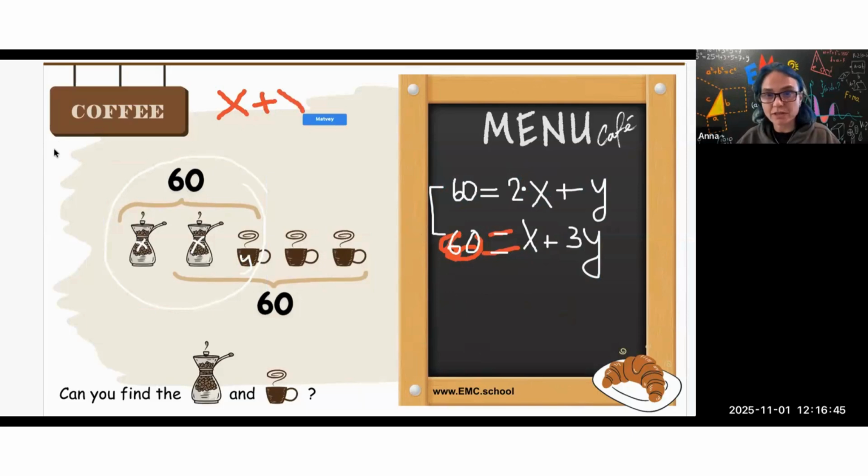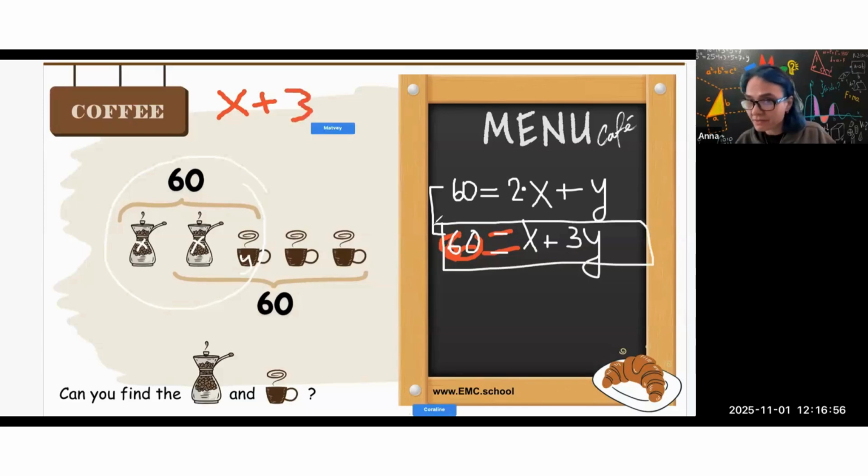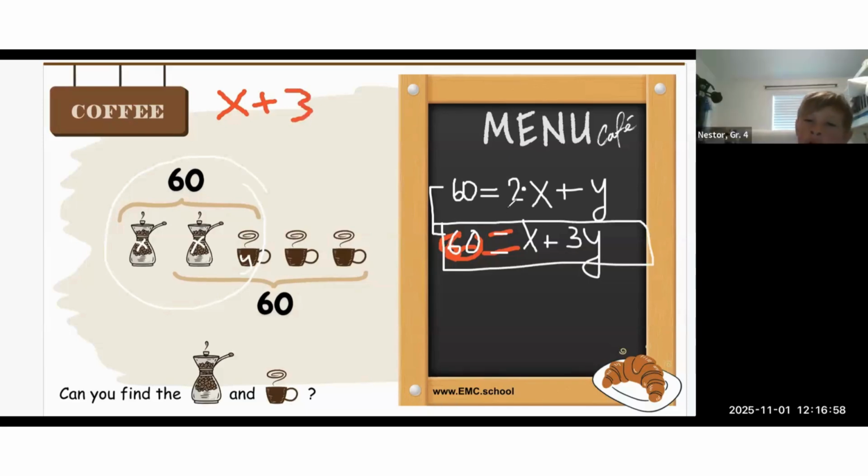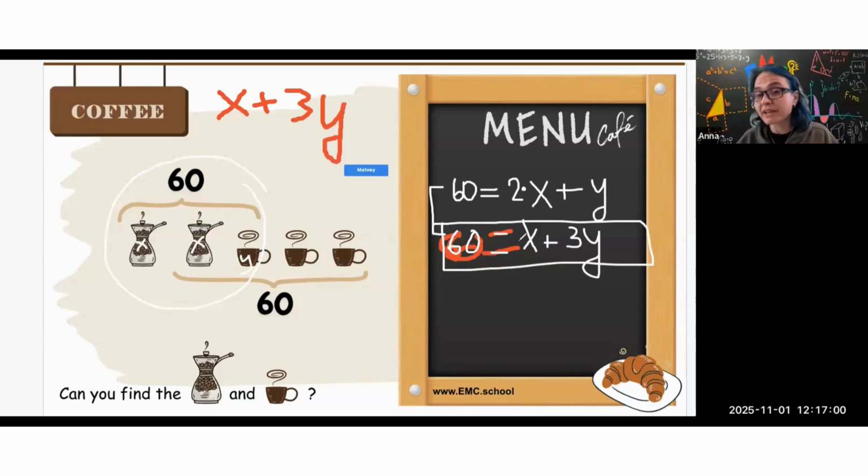So one way to eliminate a variable is take one equation and make the same amount of some variable in both. So look at this equation. How many x's do I have? 1. On the other one, I have 2. What if I had two x's here as well? What do I need to do to my second equation to have 2 x's instead of 1?